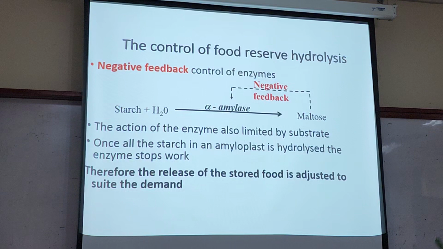And if you measure the rate of alpha amylase and maltose formation, that is going to be a bit less compared to the warm germinating seedling. So of course the warm germinating seedling is going to use up all the food reserve first compared to the cool one. Okay, it's going to grow faster and more vigorous.